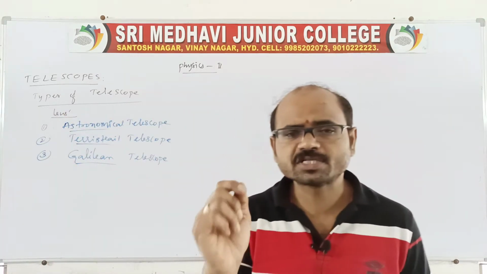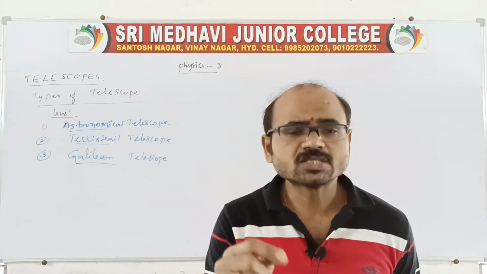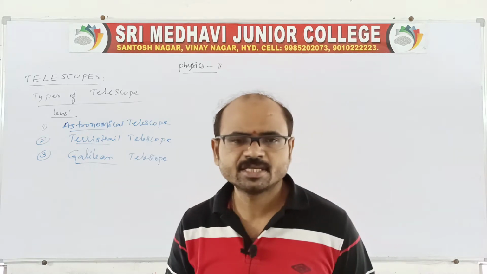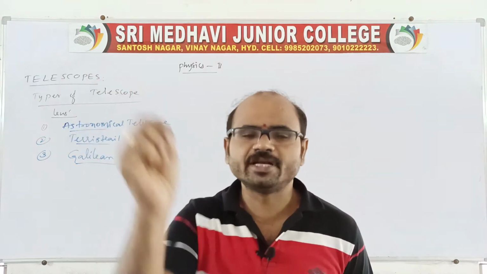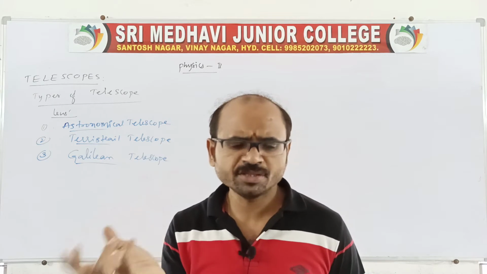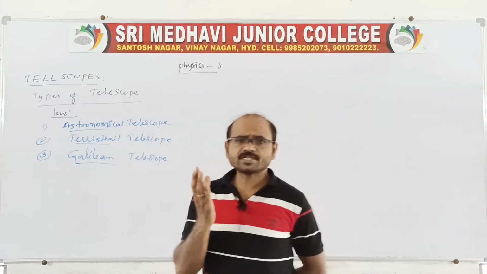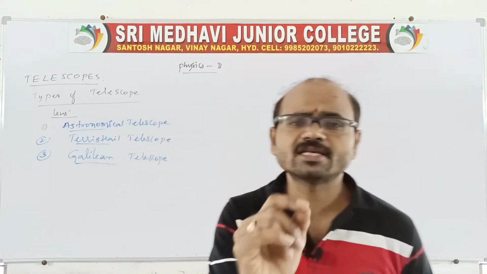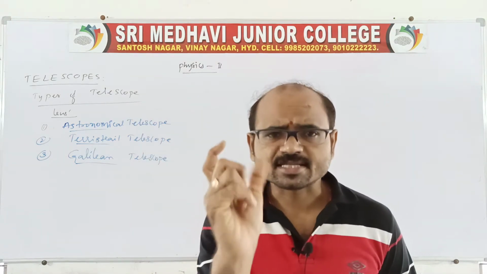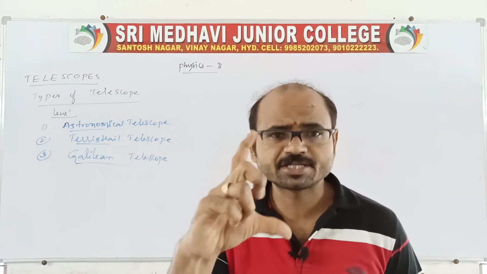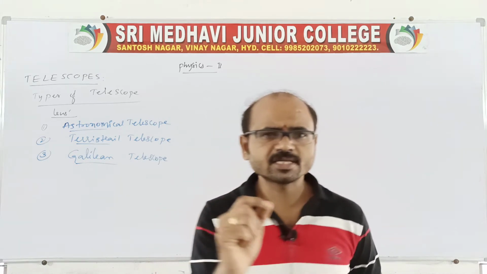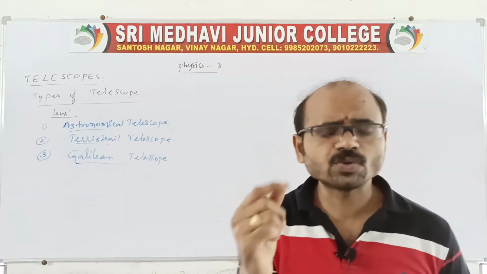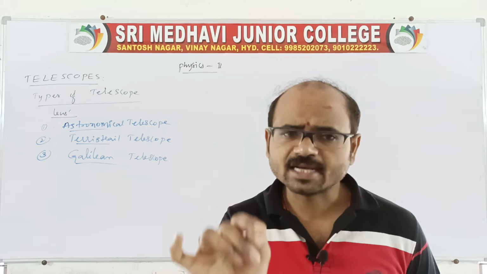One lens is towards the object, or towards the field, so we call it the field lens. Its aperture is large, and when the aperture is large, the focal length is also very large. The other lens is very close to our eye, which we call the eye lens.